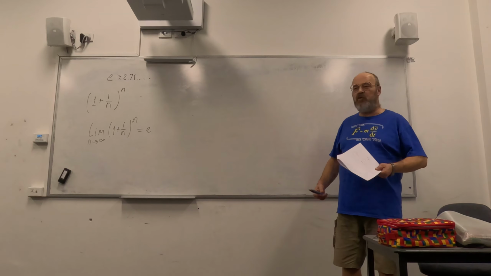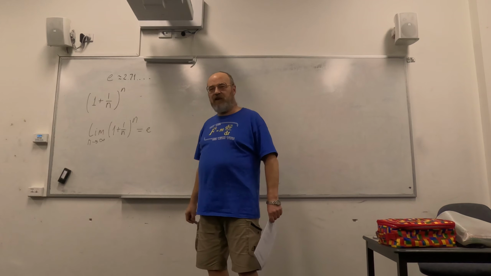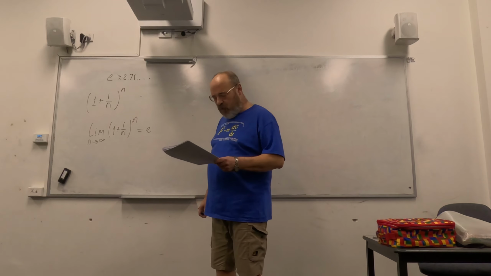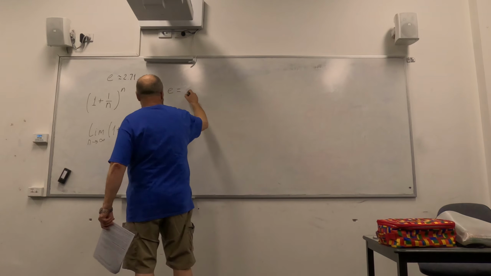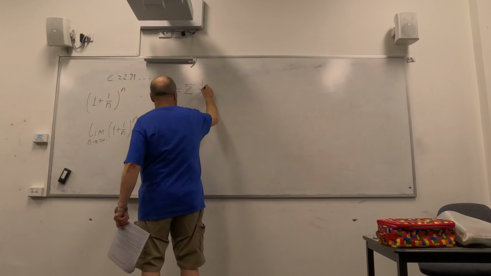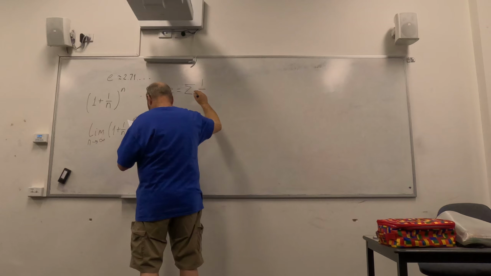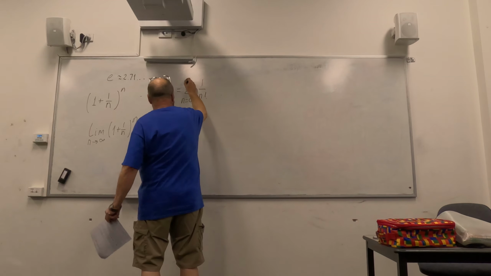Usually in the textbook you have this way of representing it, but Euler found that E also equals the sum of 1 on n factorial, from n equals 0 to infinity.